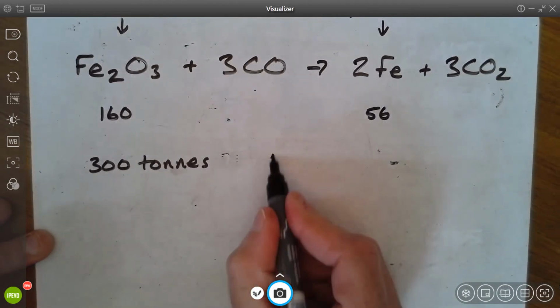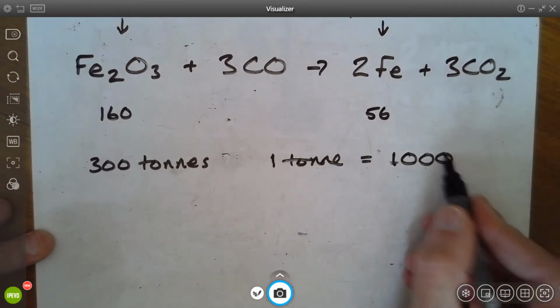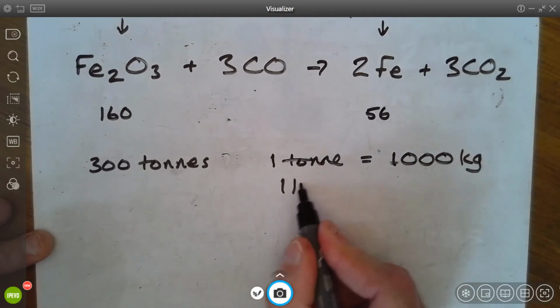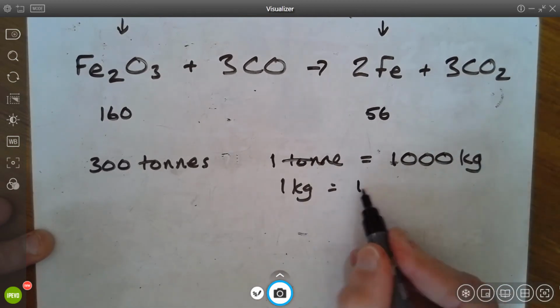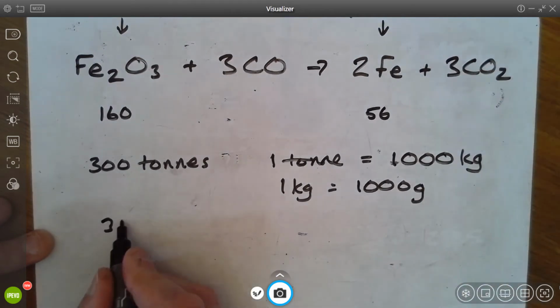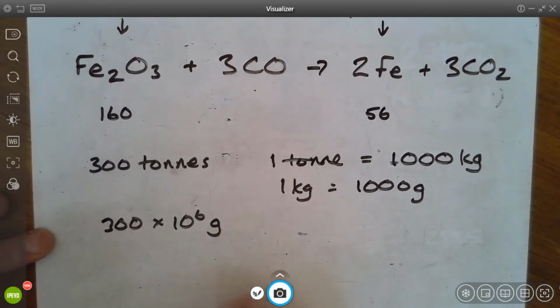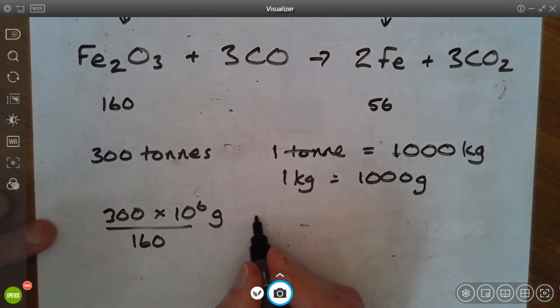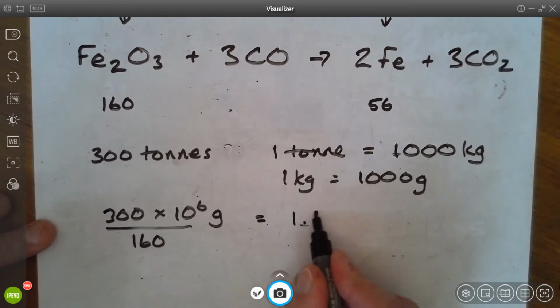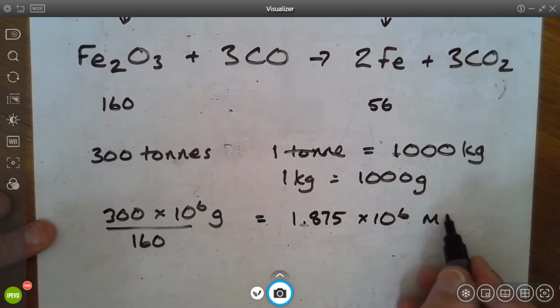Well, 1 ton is 1,000 kilograms, and 1 kilogram is 1,000 grams. So we need to convert this to our base unit. So this will be 30 times 10 to the power 6 grams. We're going to divide that by 160, and that will give us the number of moles, which is 1.875 times 10 to the power 5 moles of iron oxide.